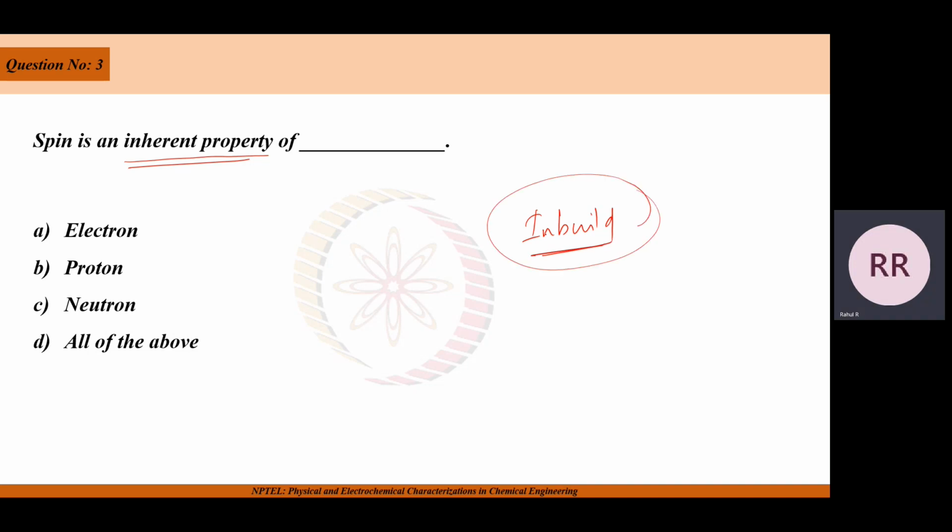So spin is an inherent property of which of them? The options are: first, electron; second, proton; third, neutron; and another option is all of the above. I can give you a few seconds to think about the answer, then I'll discuss the answer with you.